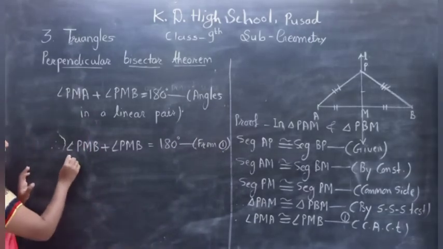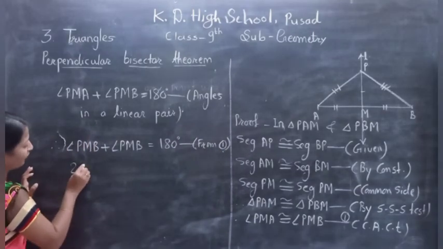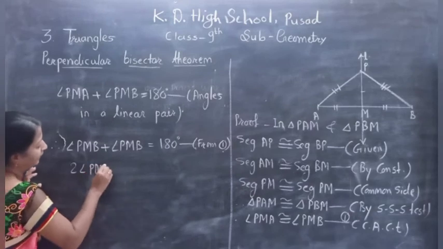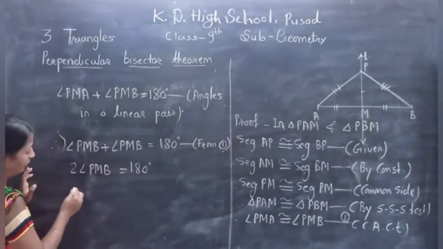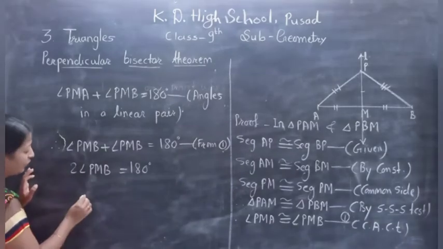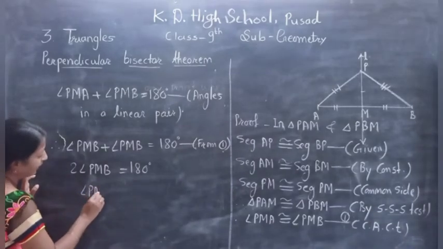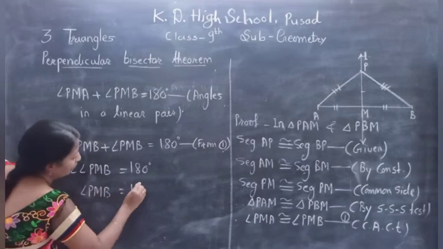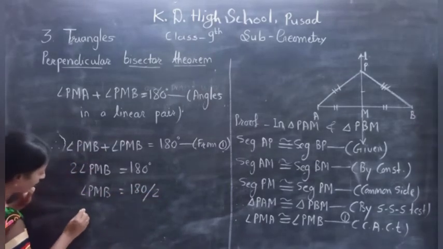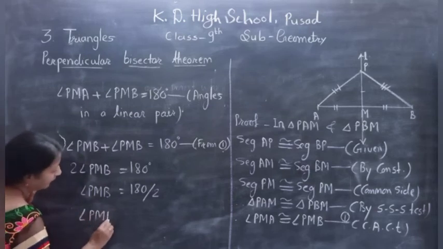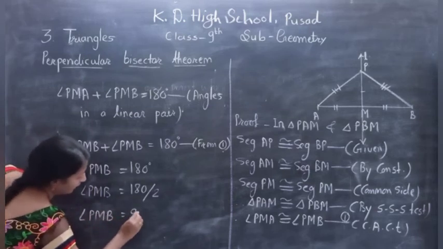Now PMB plus PMB, that is twice angle PMB, is equal to 180. Now transfer this 2 to the opposite side, it goes in a division. Angle PMB is equal to 180 divided by 2. Therefore angle PMB is equal to 90 degrees.